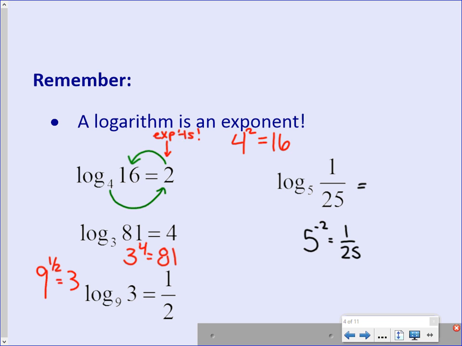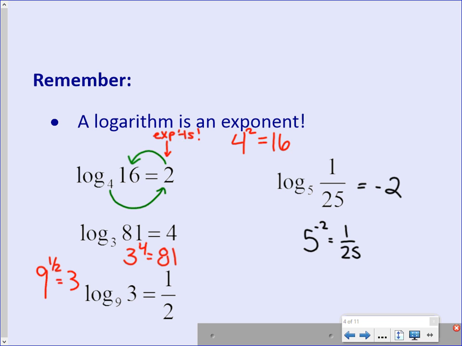And she answers must be -2. Why -2? It's got to change into a fraction, so it was a regular number, it switches into fraction form, that must be a negative exponent, right? And then why 2? 5 squared gives you 25.